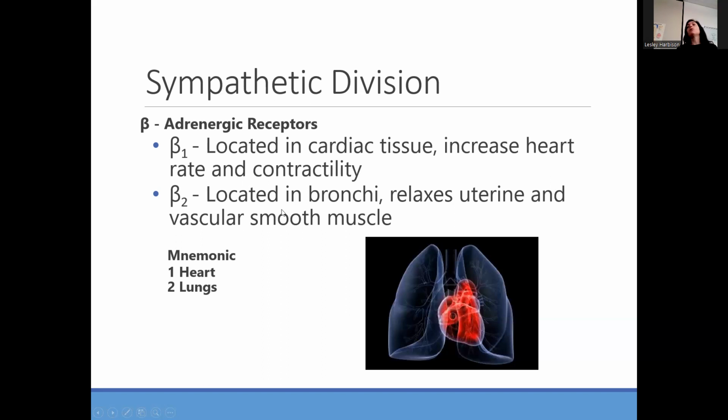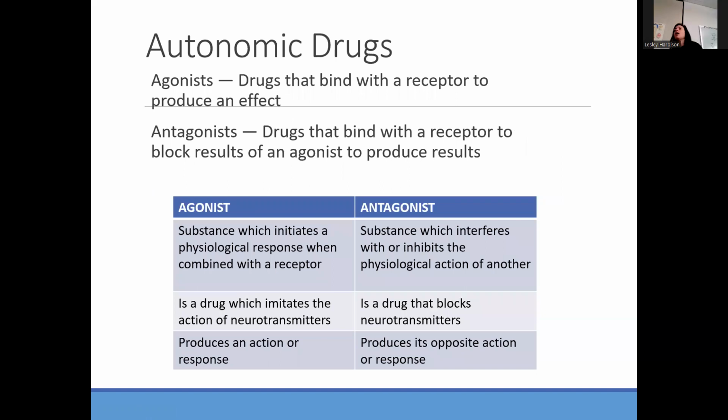Beta 2 located in bronchi relaxes uterine and vascular smooth muscles. There are some blood pressure medications that are selective so that they don't end up causing some of these other reactions as well.